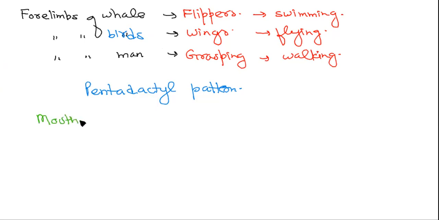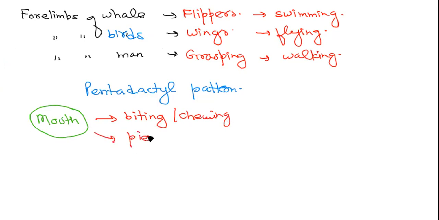Similarly, don't you think mouth is also a homologous organ, beta? Somebody uses mouth for biting, chewing, somebody uses it for piercing, somebody uses it for sucking. In all, mouth is structurally the same, but used for different purposes.